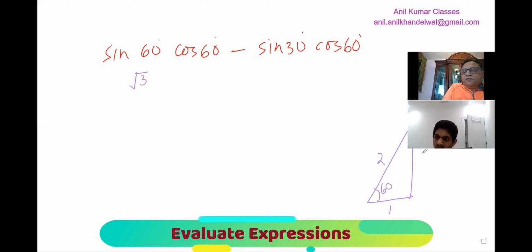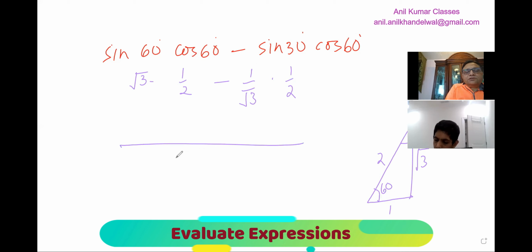So we are talking about this angle, and we should always have a triangle handy. So sine 60 is square root 3 over 2, and cos 60 is one half. Sine 30 is this angle, which is 1 over radical 3. So you can figure out what the answer is.